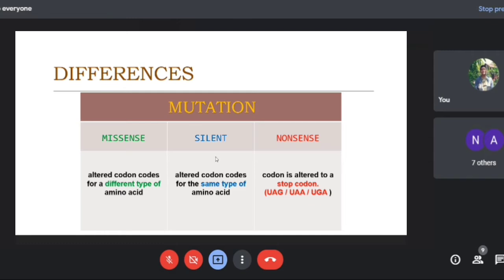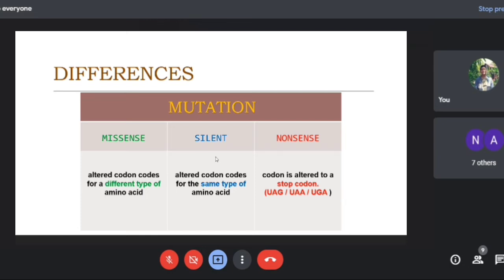So the difference is very simple. For missense mutation, the altered codon will code for a different type of amino acid. This is due to the fact that there is a change in the polypeptide chain and will lead to a less active protein.